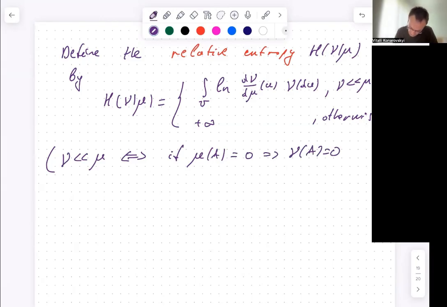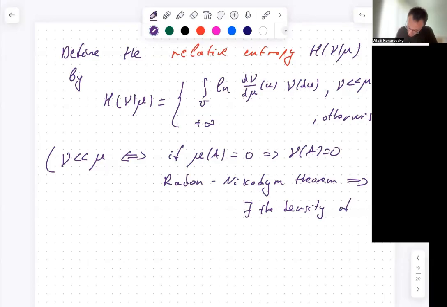And you know that the Radon-Nikodym theorem gives us that there exists the density of nu with respect to mu, denoted by d nu d mu, that is an integrable, non-negative function.